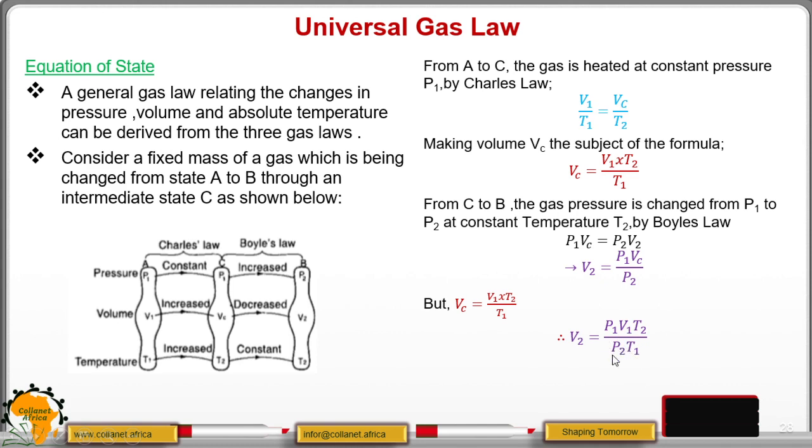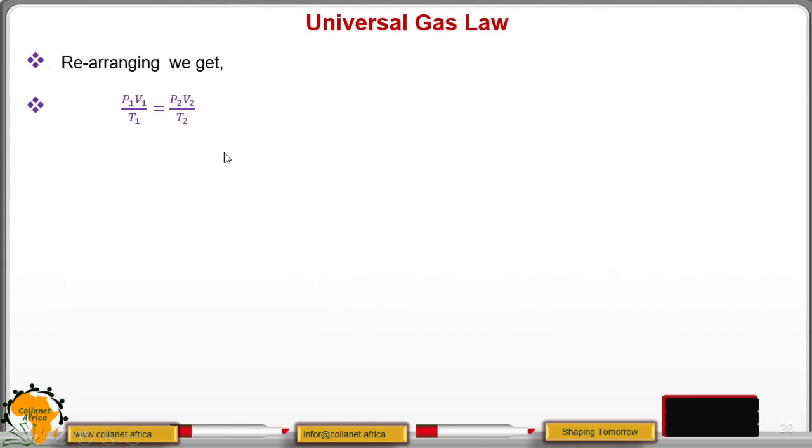So you take all the P2s and T2s to the other side by dividing by T2 throughout and then multiplying by P2 throughout. That is how you get P1 V1 over T1 is equal to P2 V2 over T2.